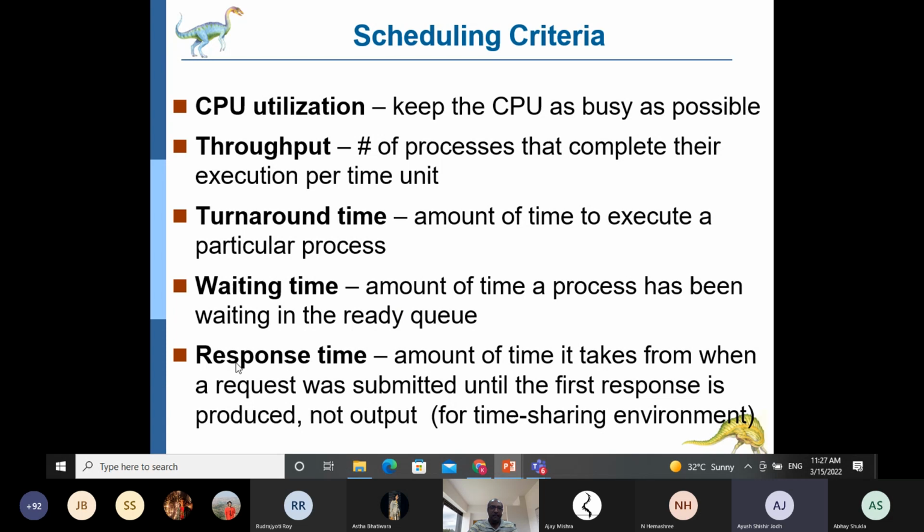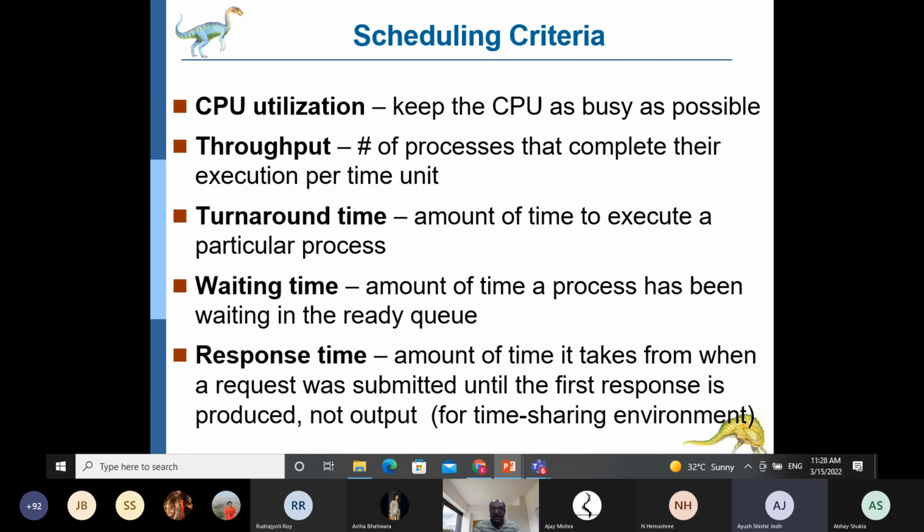And the response time is the amount of time taken by a process to respond when a request is given to it. Suppose you take some user interaction, for example using a web browser. Giving a URL is nothing but giving a request, and you expect the response, the desired image or video, to be played immediately.